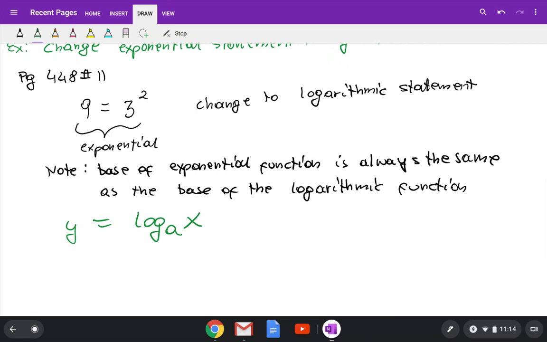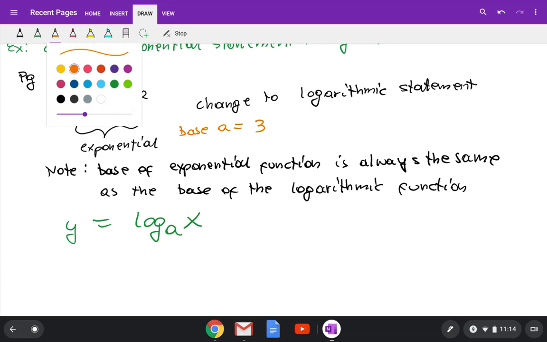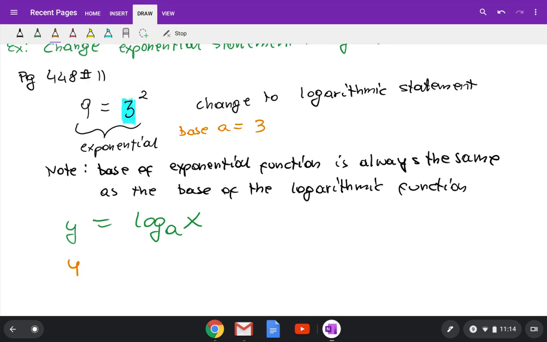So first, you want to identify the base of the exponential function. The base is right here. The base of exponents is the number in front of the exponent. So we know that the base is equal to 3, and our function will be y equal log base 3 of x. Now we need to figure out what will be x and what will be y.